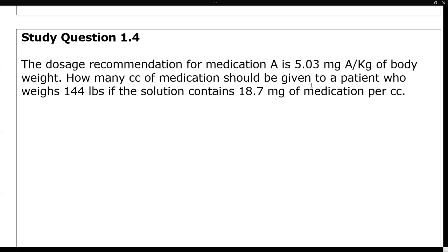How many cc's should be given to a patient who weighs 144 pounds if the solution contains 18.7 milligrams of medication per cc? In this case, the only outside conversion I need is my pounds to kilograms conversion. The other conversions are actually stated in the problem, and so we'll be able to work with that. Sometimes you have to look things up, and that's something you'll have to get used to. Not every conversion is going to be one you have memorized.